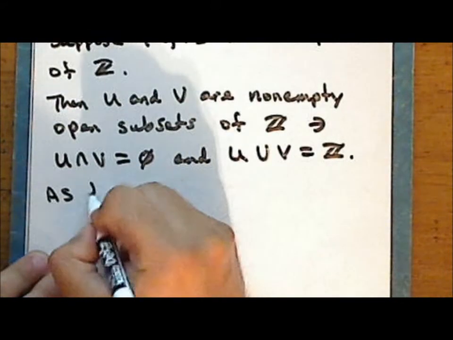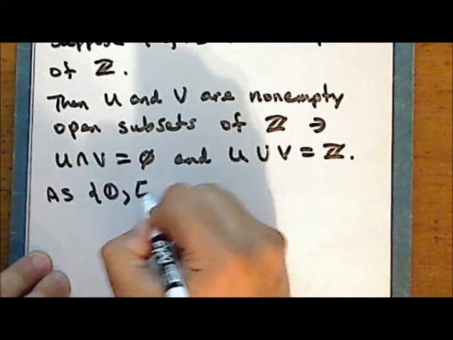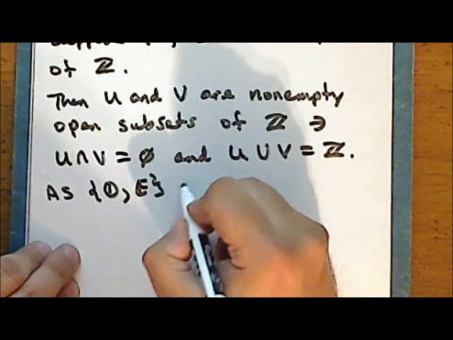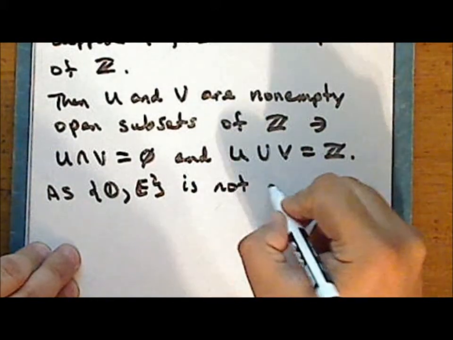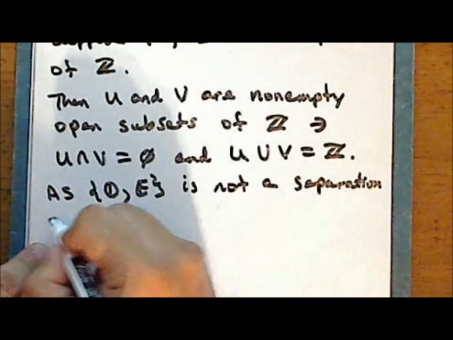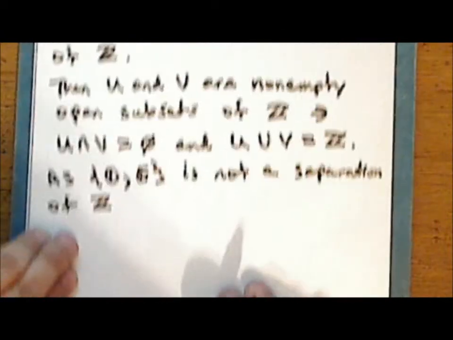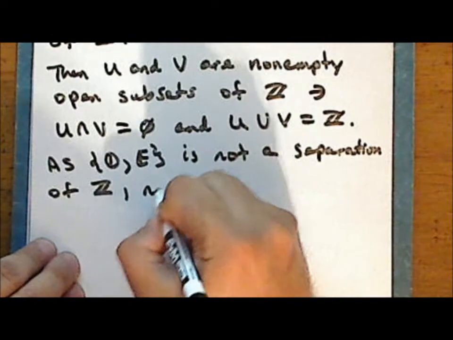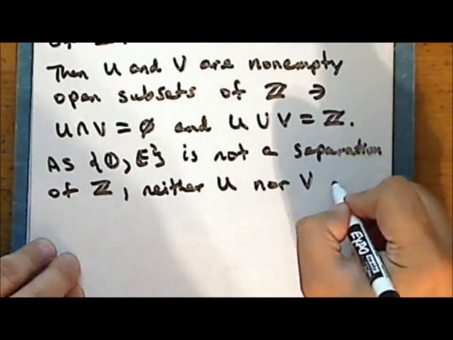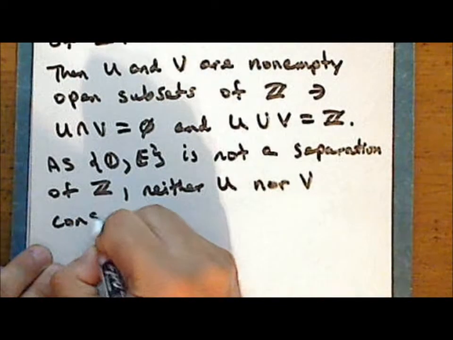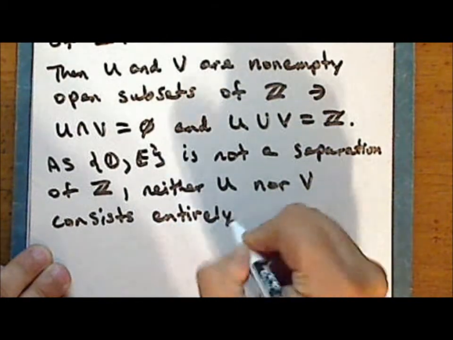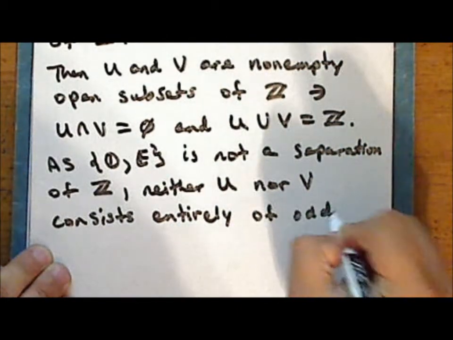Now, as the set containing the set of odd integers and the set of even integers is not a separation of the digital line, neither the set U nor the set V consists entirely of odd integers.